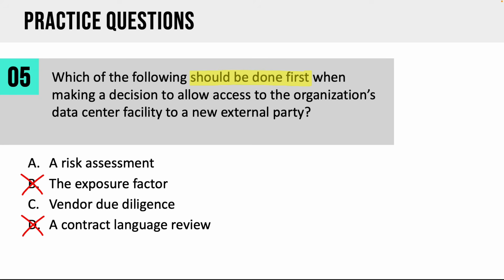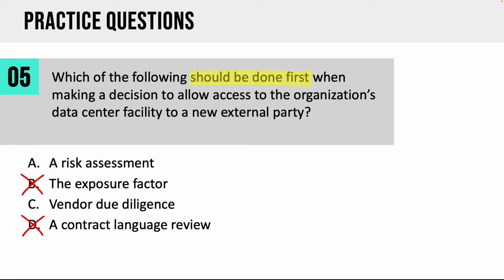So the focus of that is a little too detailed, as is the focus of a contract language review. So we're thinking about allowing a vendor into our data center facility, so our focus here is more expansive. And our options remaining are a risk assessment, makes good sense, and vendor due diligence.